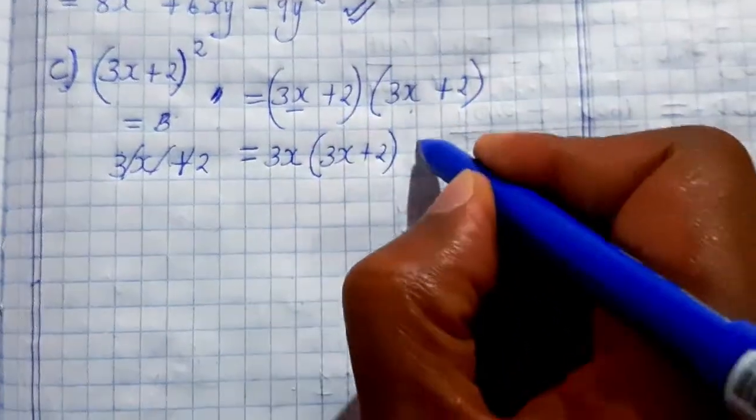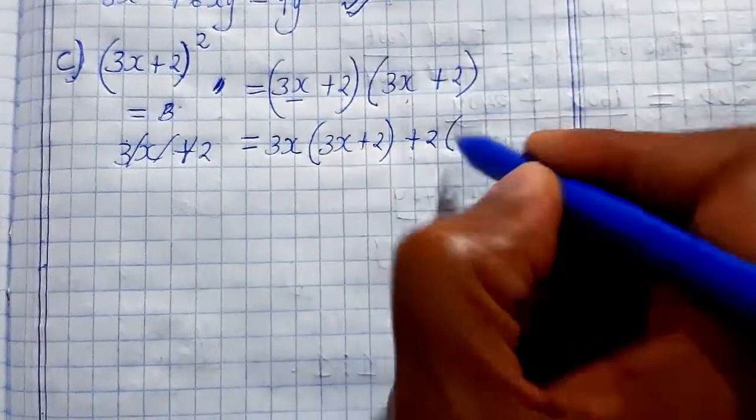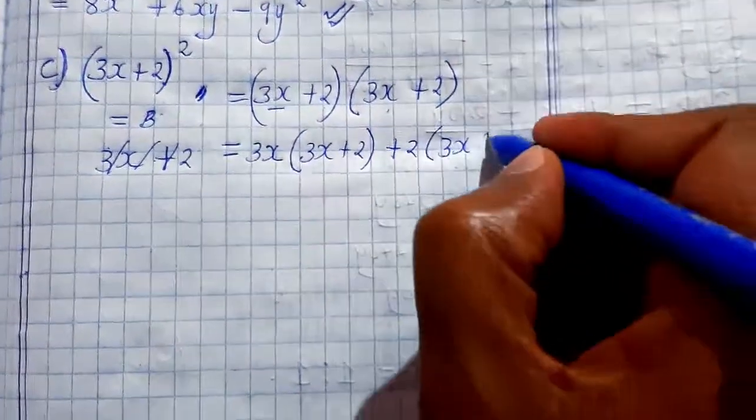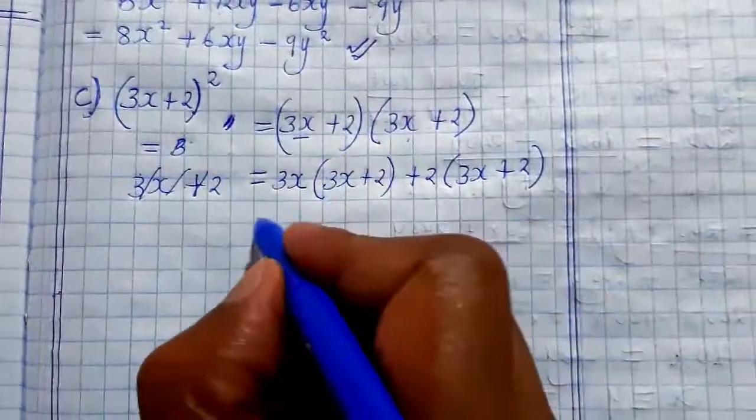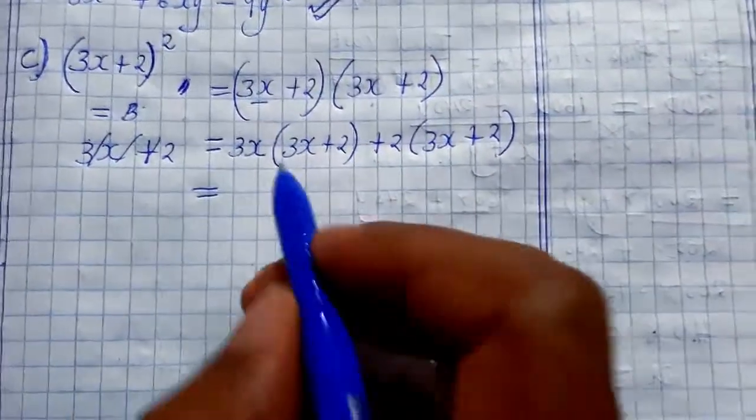Then we pick 2, so that is plus 2 into brackets, 3x plus 2. Expand it, and this is going to give us what?